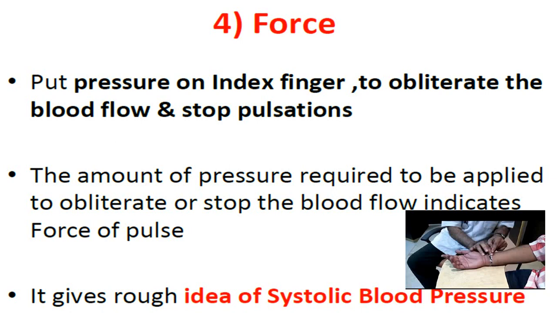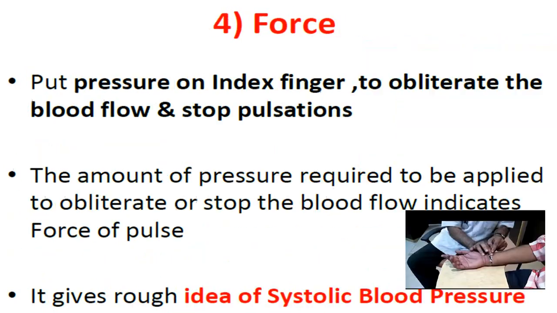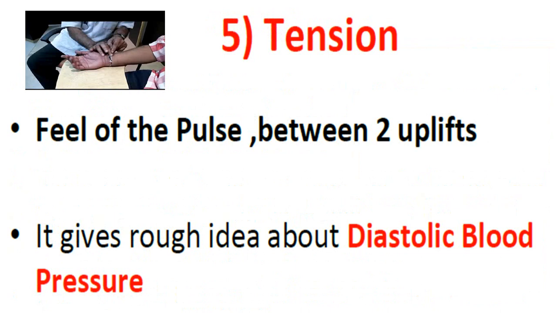It roughly gives you an idea regarding systolic blood pressure. By and large, these are not taken into consideration, but it does give you a rough idea regarding systolic blood pressure, while volume gives you an idea regarding pulse pressure, and tension gives you an idea regarding diastolic blood pressure.